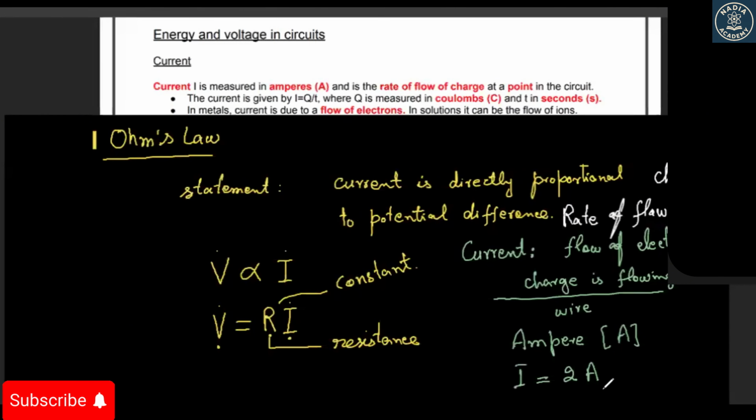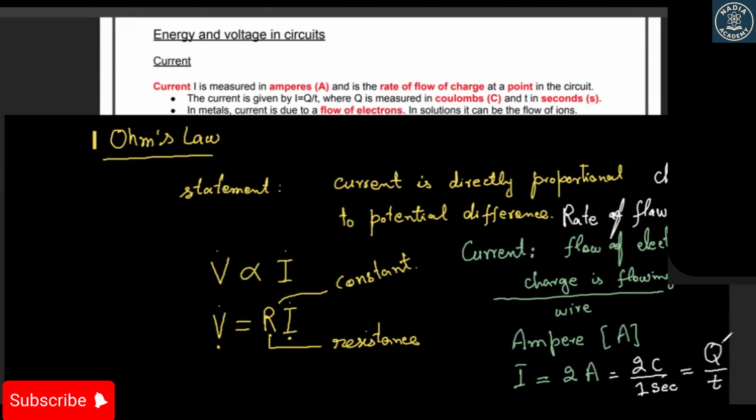Current tells us how much charge is flowing in every second. So when I say that current is 2 amperes, it means that 2 coulombs of charge are flowing every second. Our definition of current is charge over time. This is what we call the rate of flow.